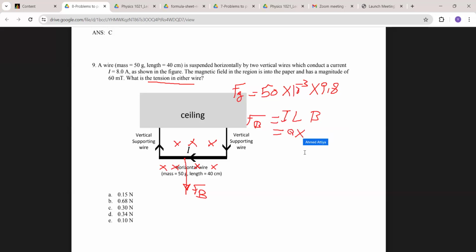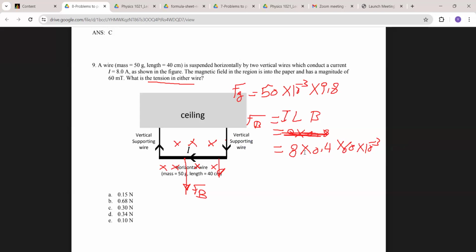I is 8, the length is 0.4, magnetic field is 60 times 10 to the power minus 3. And effectively, the gravitational force and the magnetic force are downward. The tension in the two wires is the total force over 2.